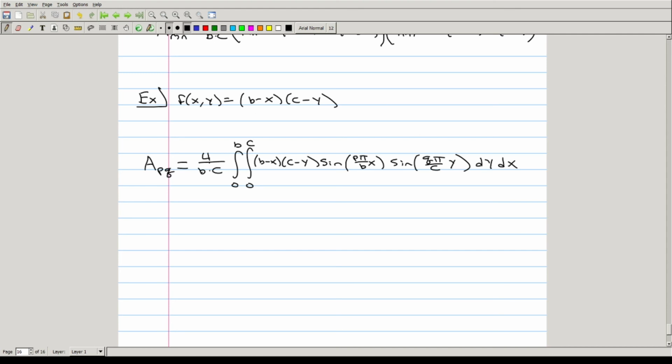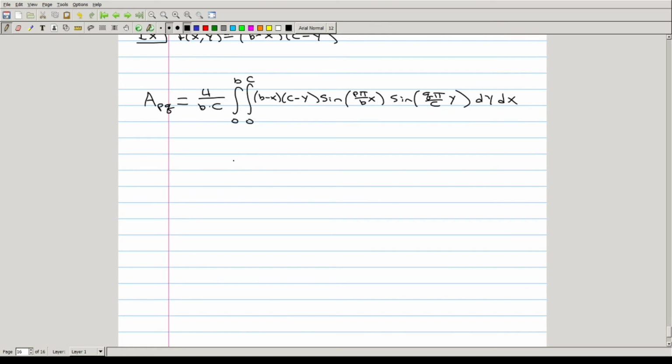But this is another relatively straightforward integral to go through and evaluate. And when you do this, you actually get that this is going to simplify down to 4 over b times c times b squared times c squared over m n pi, or just 4bc over m n pi.